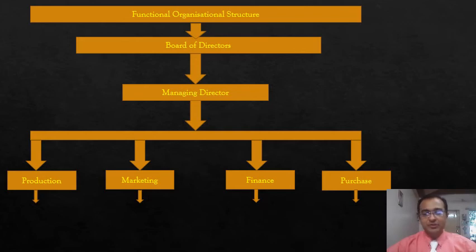Now, it is not so that only this much activity would be performed. There are many other activities which will be performed in the organization, but all those different kinds of activities would be similar or related to these four main departments.